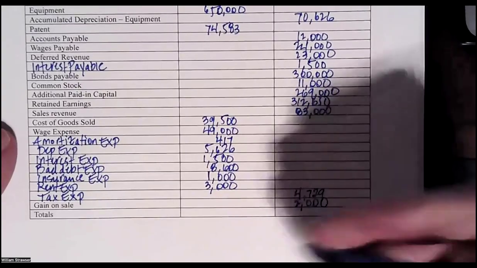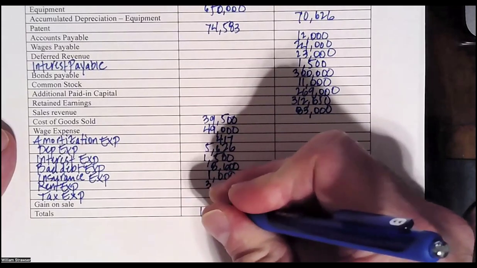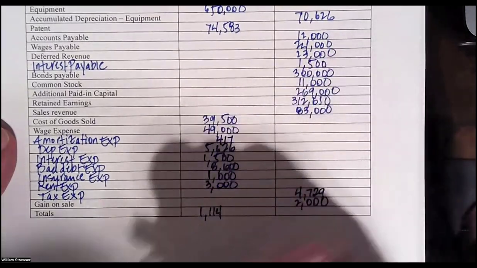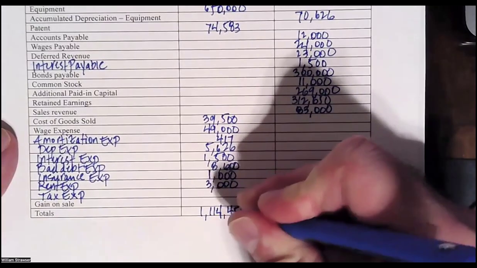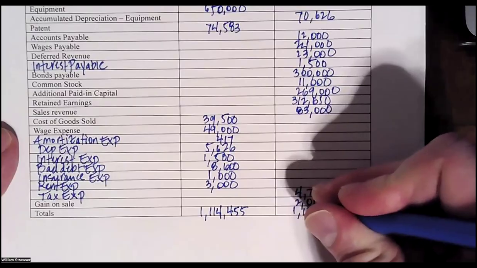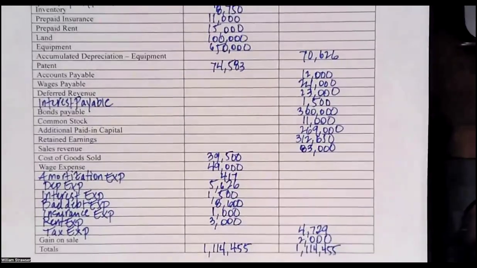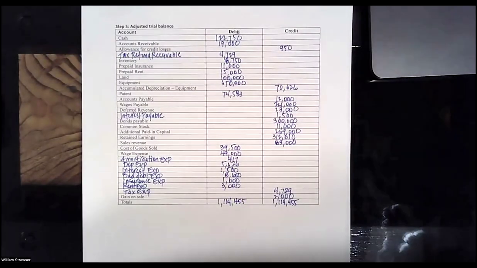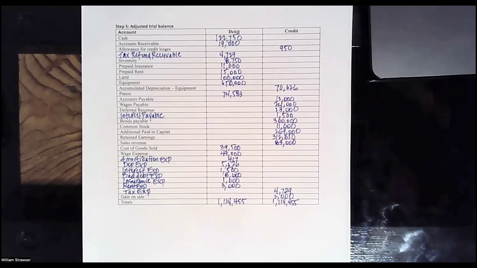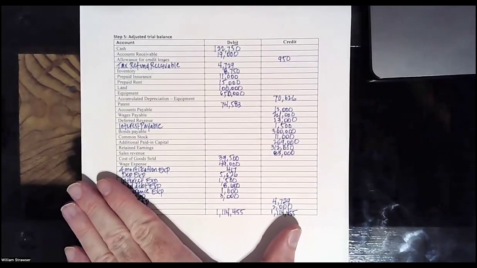And when you add all those numbers up, you should come to a total of 1,114,455. Okay, so debits equal credits here. Again, this doesn't guarantee our accuracy, but it gives me no cause to believe I've done this process wrong.